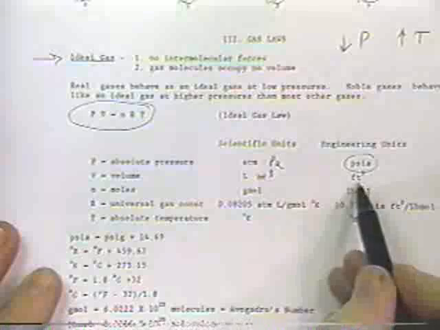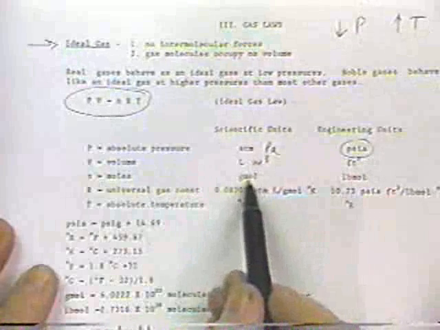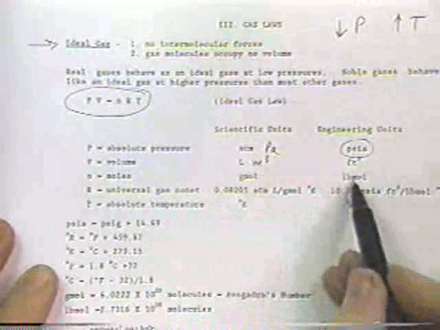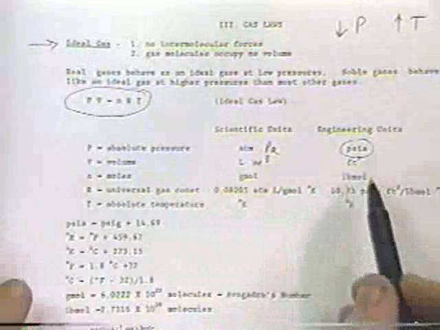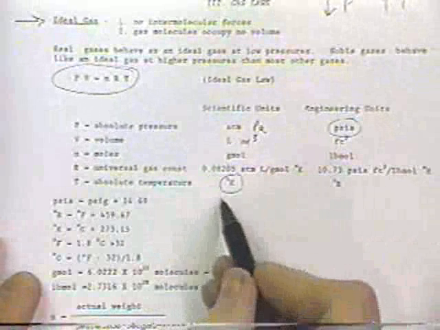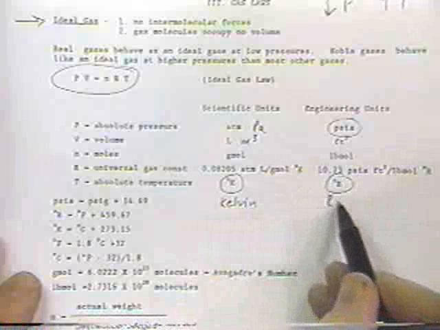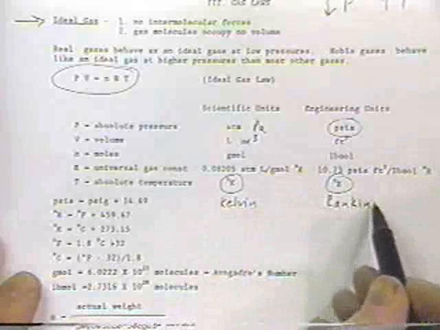And in the engineering system, cubic feet. In the scientific units, we would tend to use a gram mole. Engineering units would use a pound mole, and I'll talk about that in just a second. And then with the temperature, the scientific units tend to be Kelvin, and in the engineering units, Rankine.